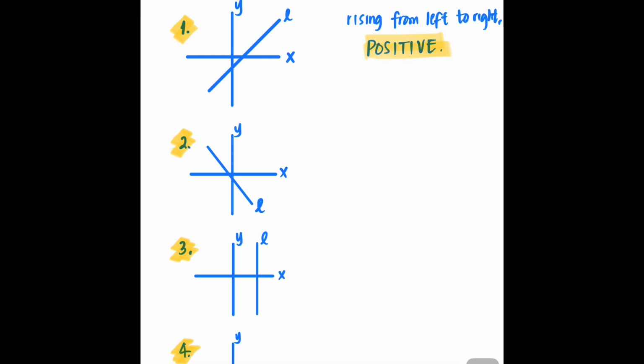Now for the second example, you have here a line L that actually falls. So if you have a line that's falling from left to right, the slope will be negative.